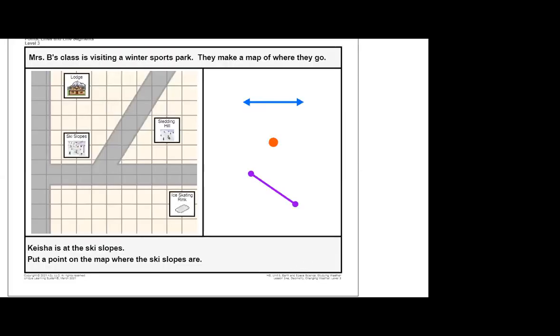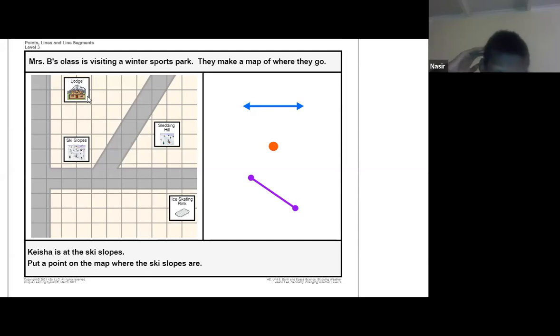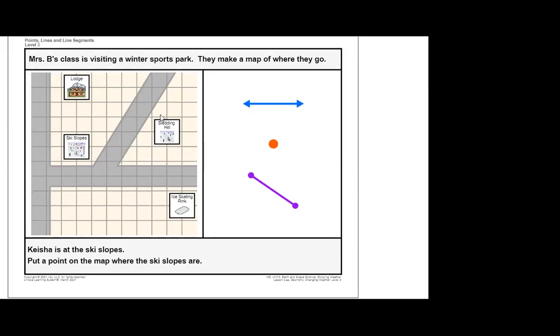All right, so some more practice. So Keisha is at the ski slopes. Put a point on the map where the ski slopes are. So do I put my point here at the lodge? No. Do I put it here at Sledding Hill?